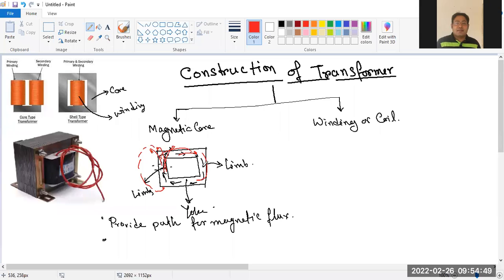This is a highly permeable material, so that the maximum flux follows this path and completes the circuit, and only a few flux lines go through the air. That is not our working purpose, so this is the loss.